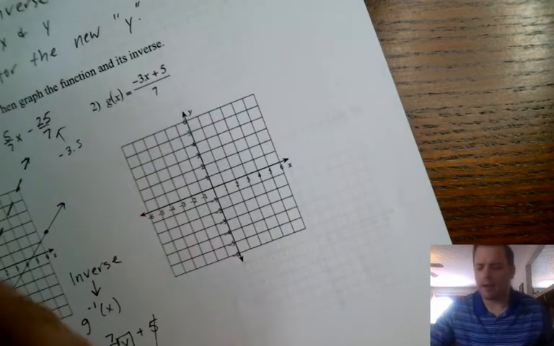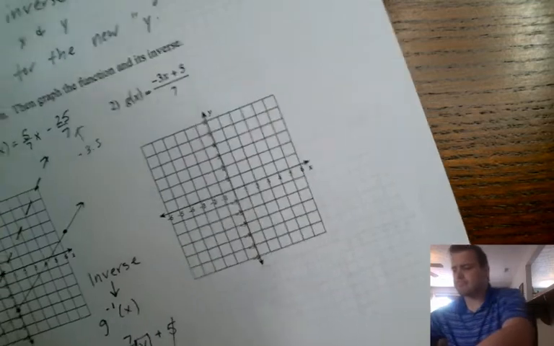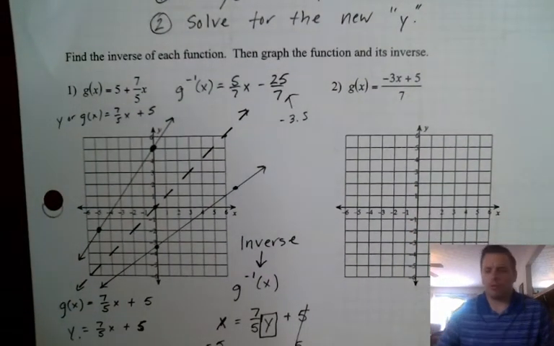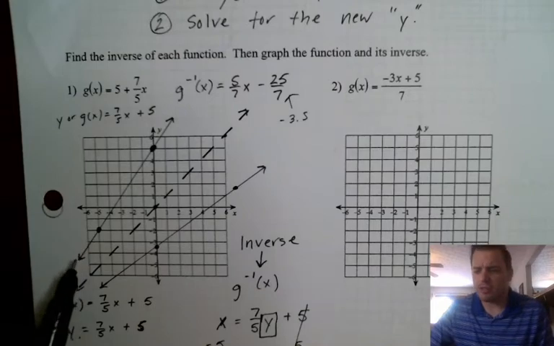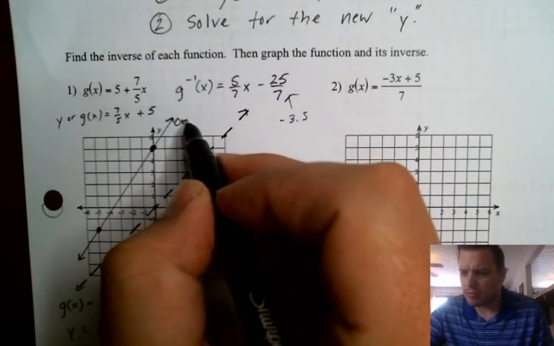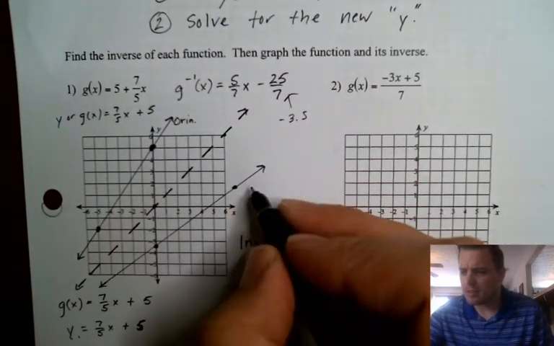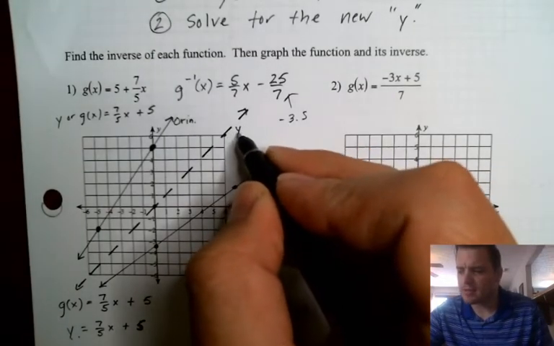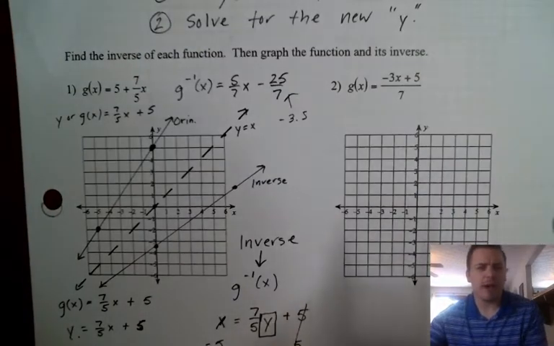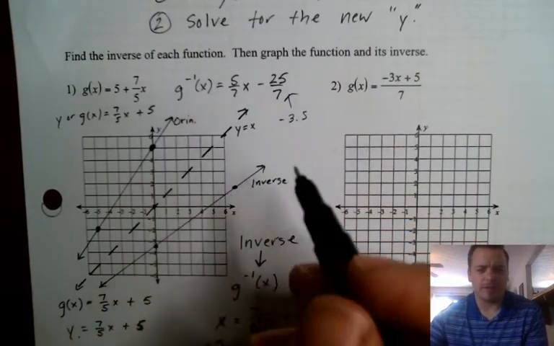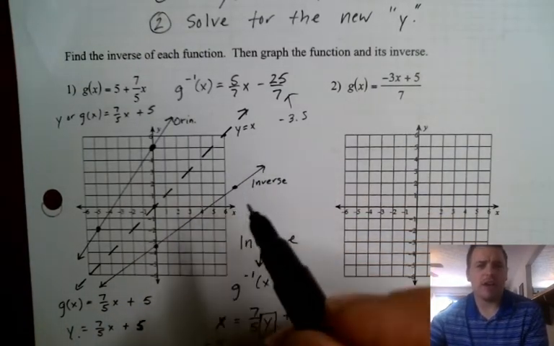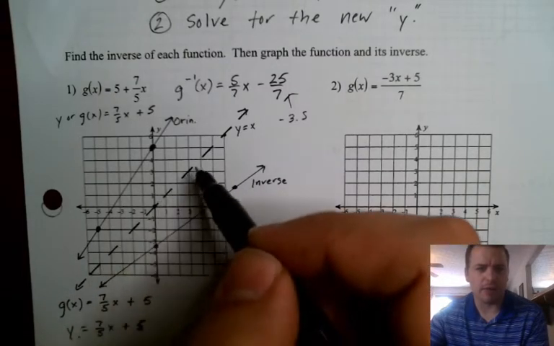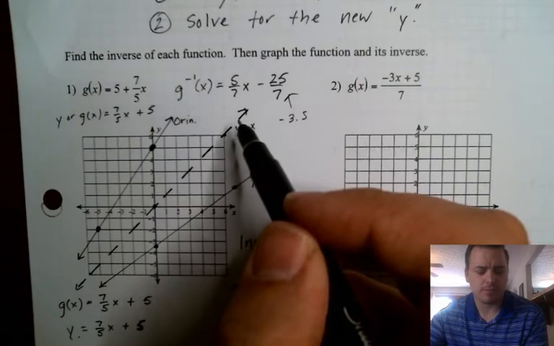Here's the thing about inverses. When you have the original function, this is the original. This is the inverse. This is y equals x. Whenever you have the original graph and you have the inverse graph, they reflect across this line right here, which is y equals x. Okay?